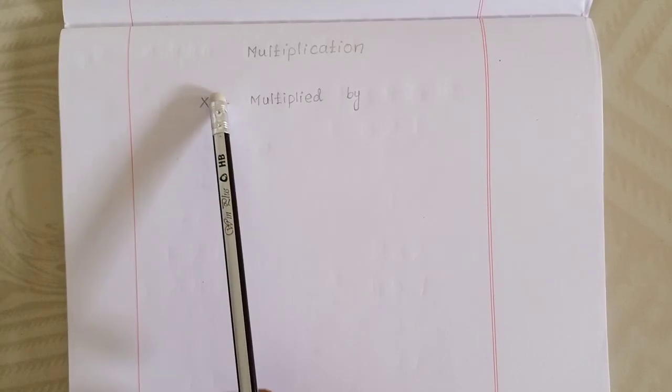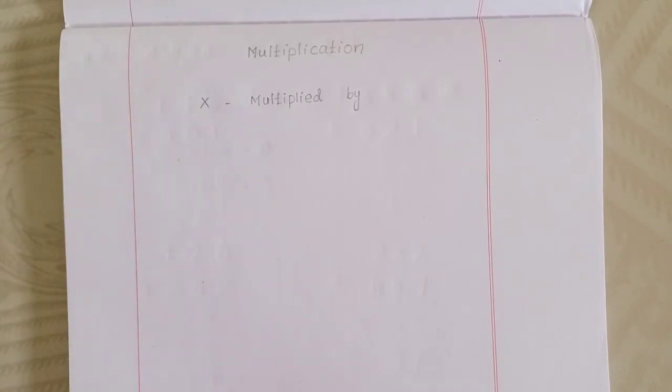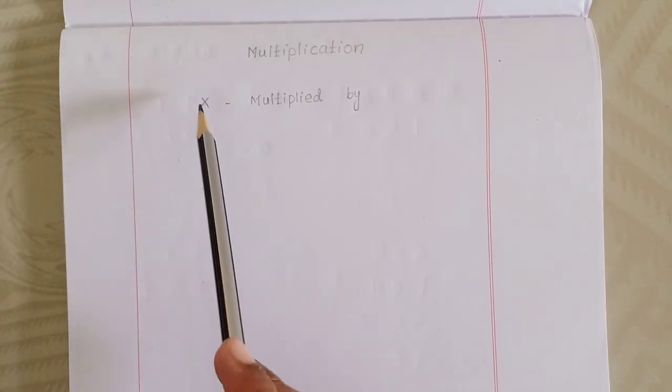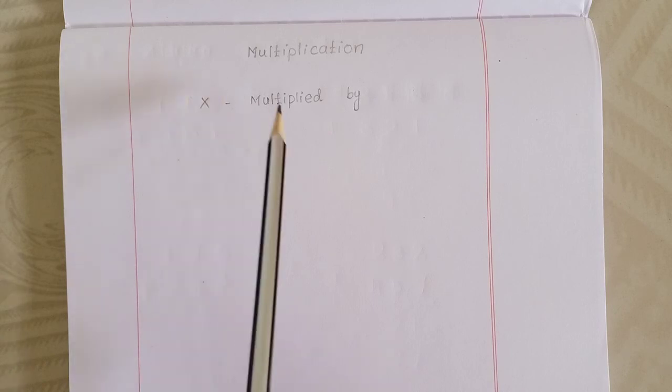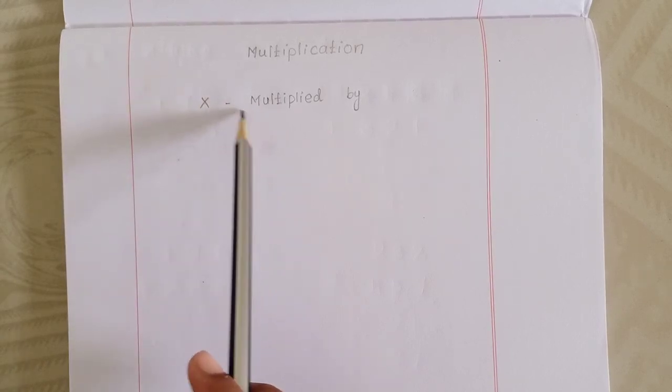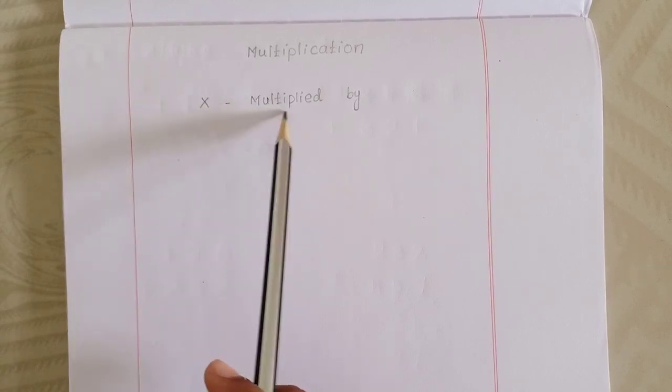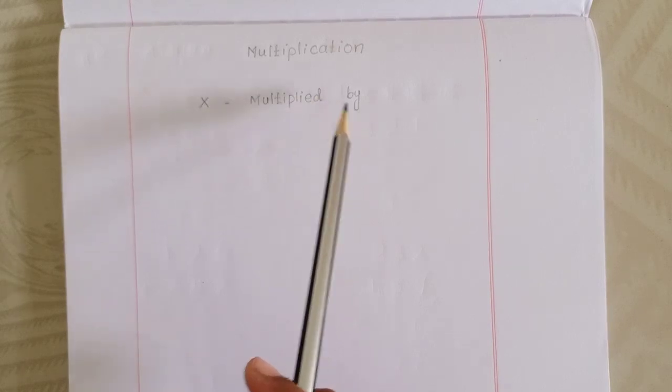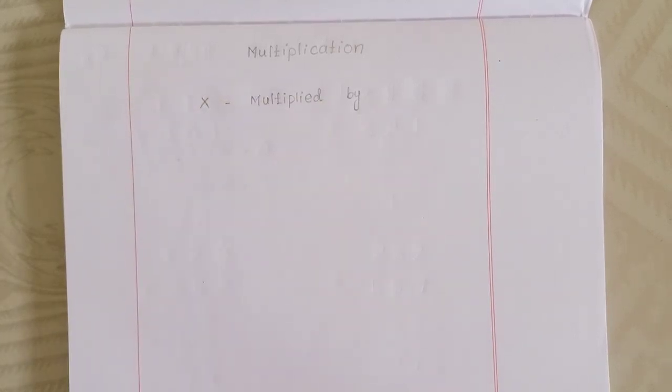Don't forget, this is the multiplication symbol and it is read as multiplied by. Then the answer we get after multiplication is called the product. Multiplication answer is called the product.